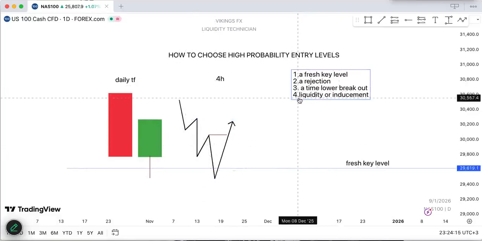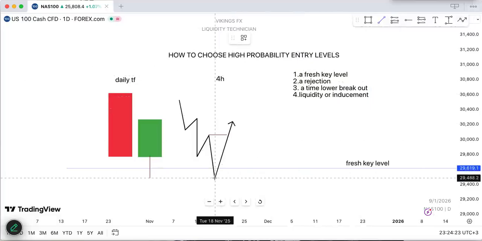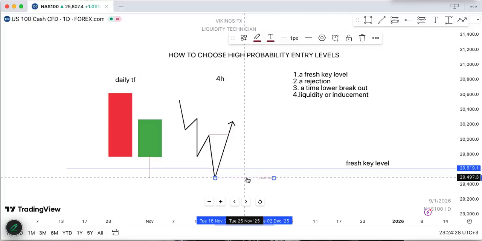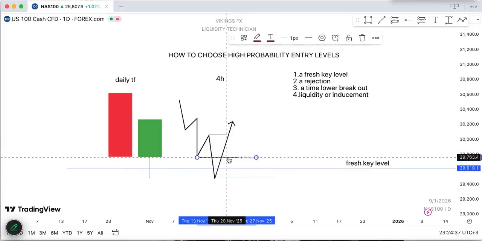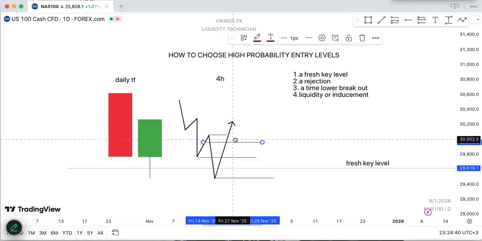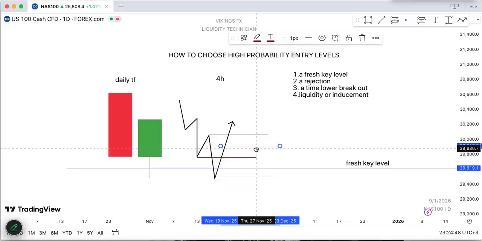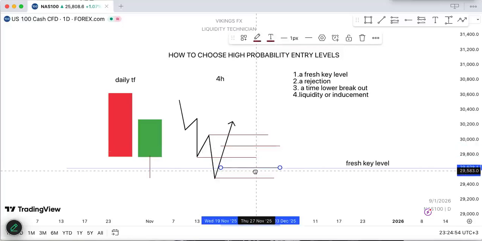Now we are looking for liquidity or inducement, but before getting into this, look here, we have the apex as our first potential entry, then the QM as our second potential entry, and then the RBS as our third potential entry. And maybe we can have an OCL here and also an OCL here.